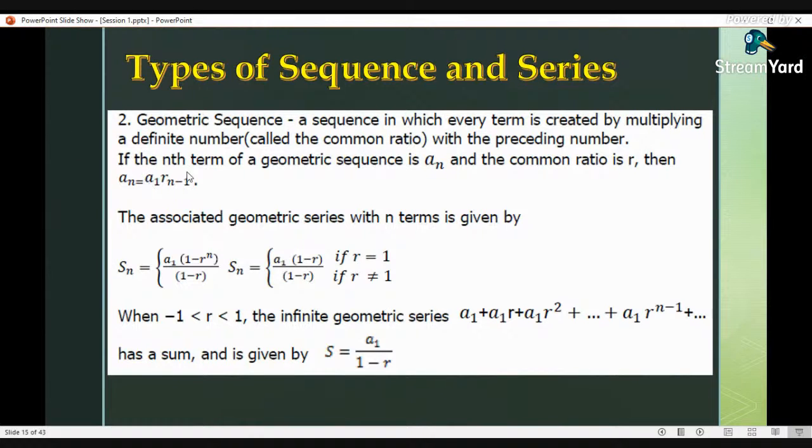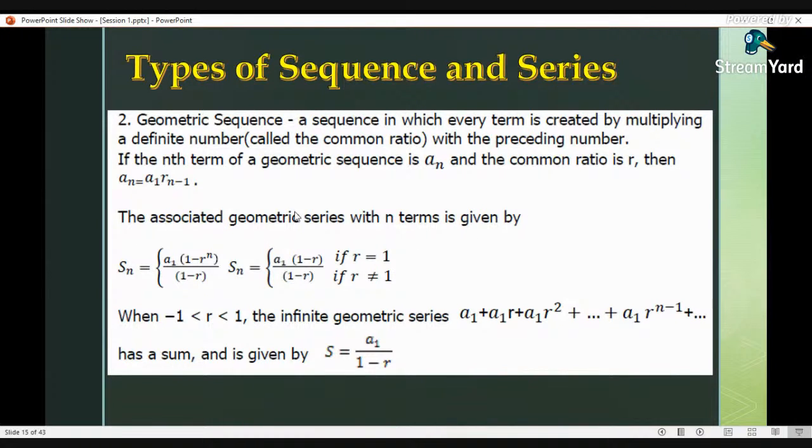And also, if the nth term of a geometric sequence is a sub n and the common ratio is r, then you should consider this formula: a sub n equals a sub 1 multiplied by r raised to n minus 1.